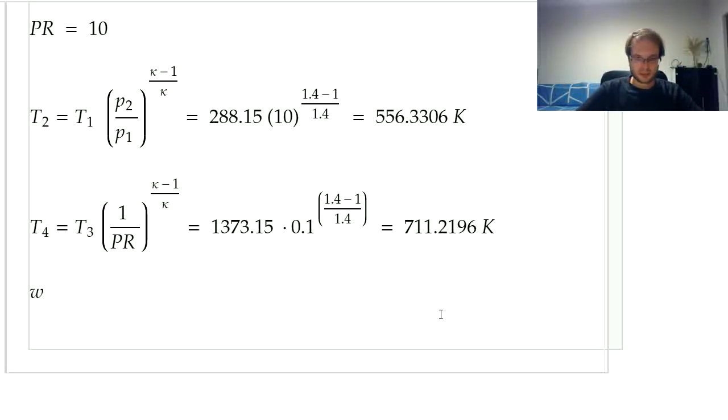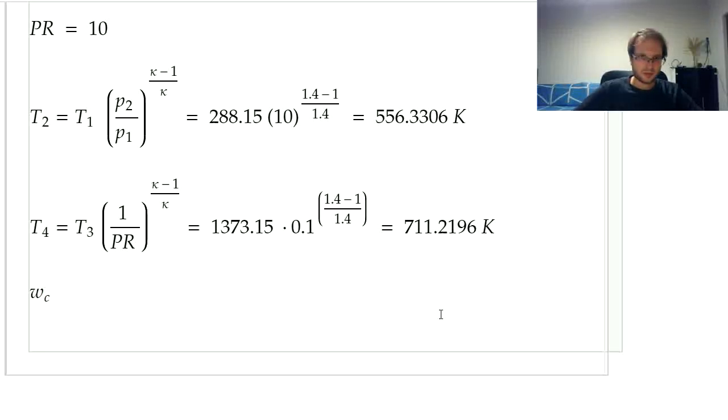So we can calculate the work of the compressor, which is the change in the enthalpy between points 2 and 1. Let's go ahead and write it like this. Which for the ideal gas with constant specific heat capacity is the Cp times temperature T2 minus temperature T1.